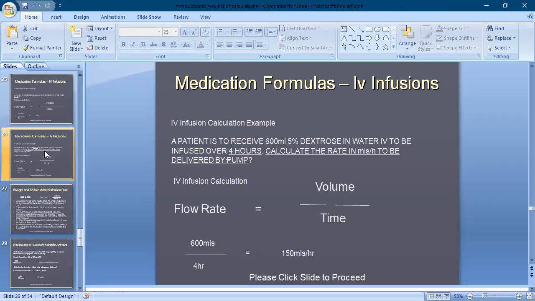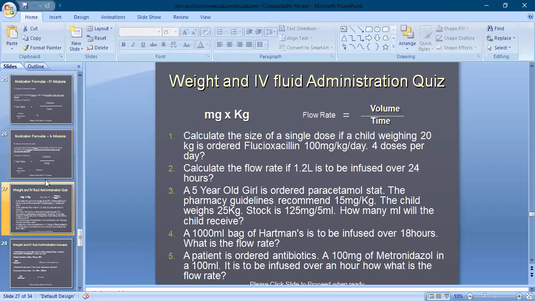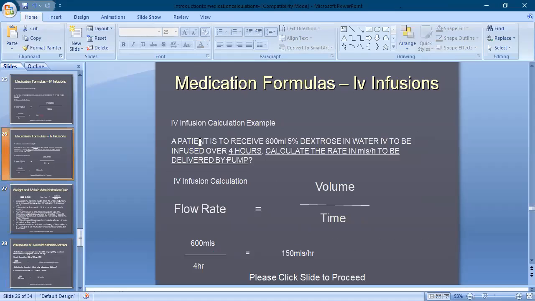And here is another example. A patient is to receive 600 ml of 5% dextrose in water by IV infusion over 4 hours. So the 4 hours means time, and 600 ml is the volume. The 5% dextrose is just given to confuse you, but you are smart enough, right?